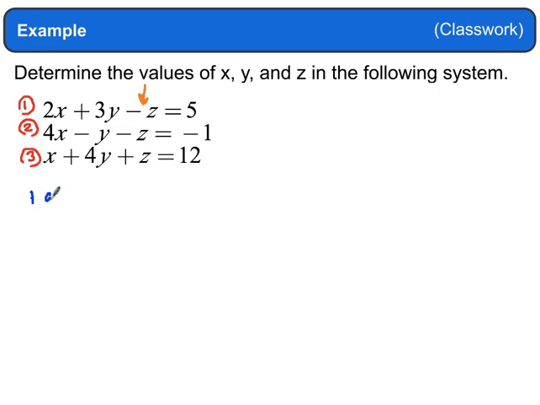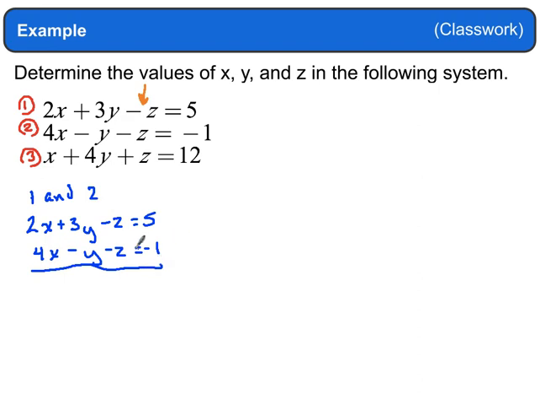and 2. So if we write number 1, I'm going to write 2x plus 3y minus z equals 5. Then I'm going to write 4x minus y minus z equals negative 1. Again, our goal is going to be to eliminate the z.